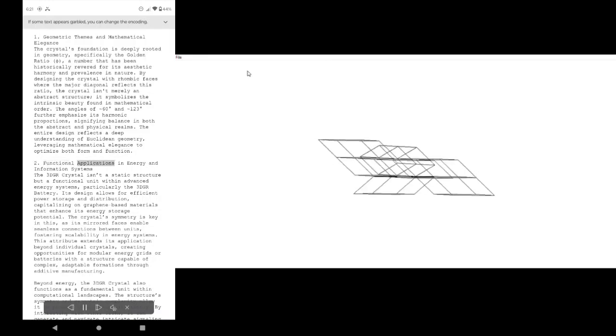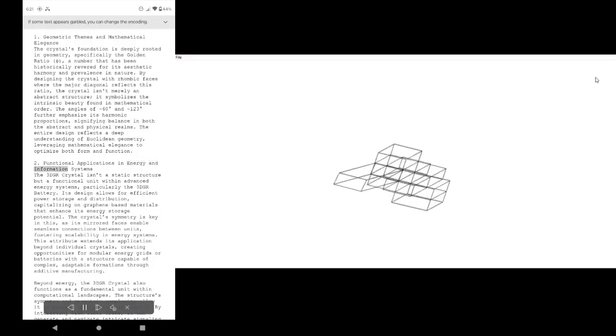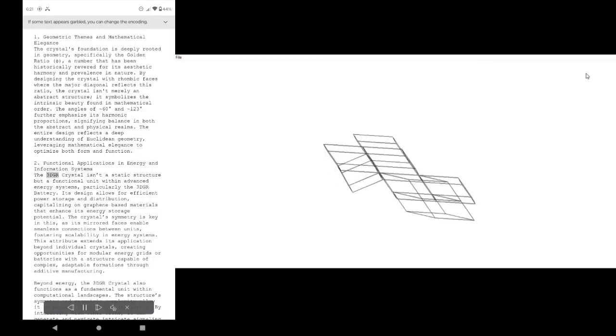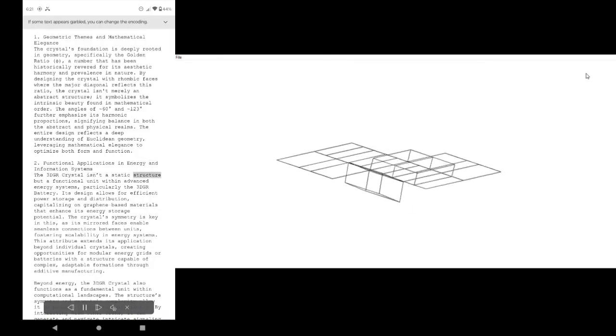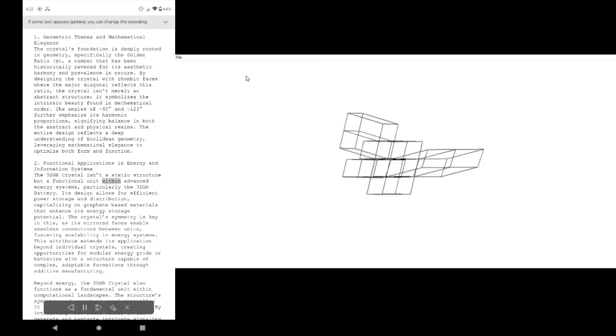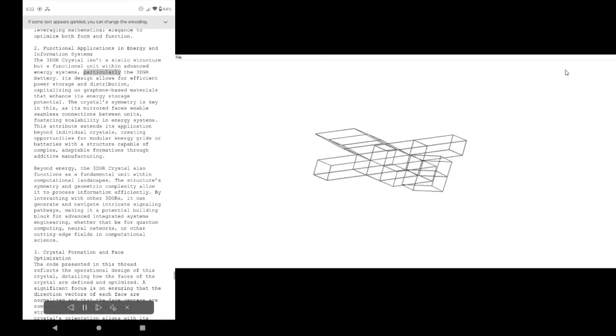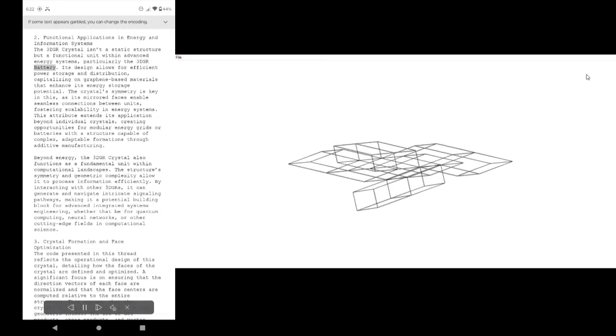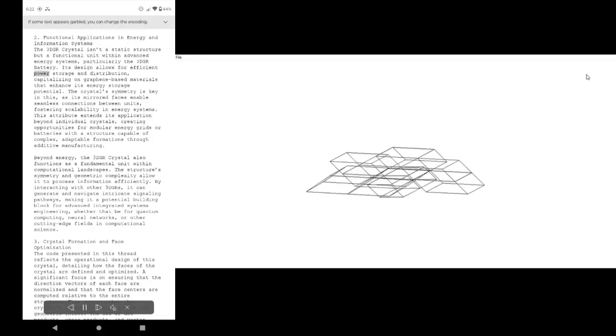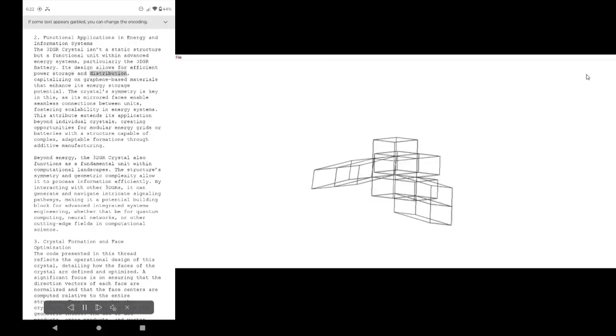2. Functional applications in energy and information systems. The 3D GR crystal isn't a static structure, but a functional unit within advanced energy systems, particularly the 3D GR battery. Its design allows for efficient power storage and distribution, capitalizing on graphene-based materials that enhance its energy storage potential.